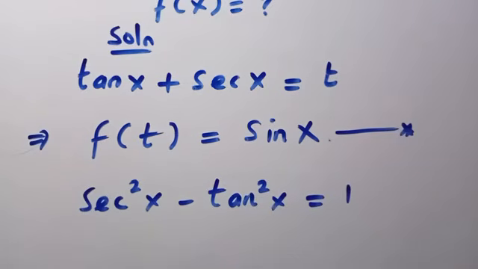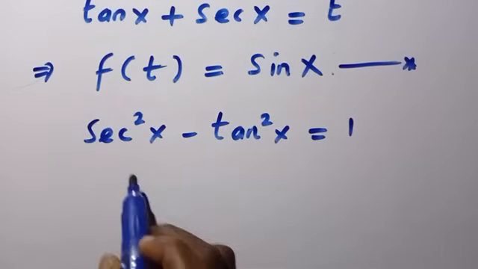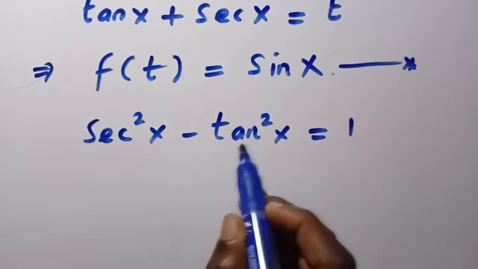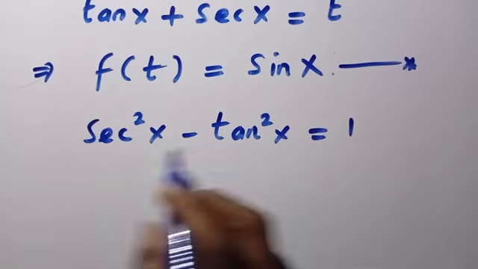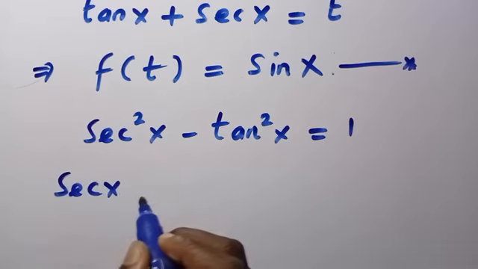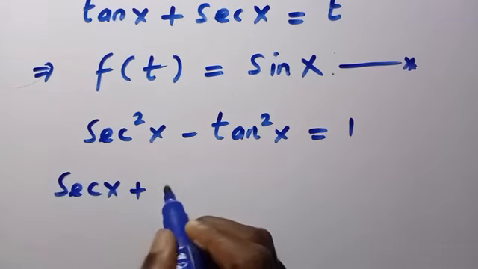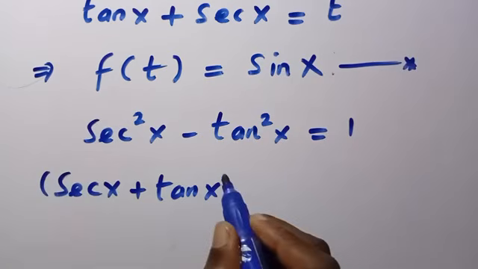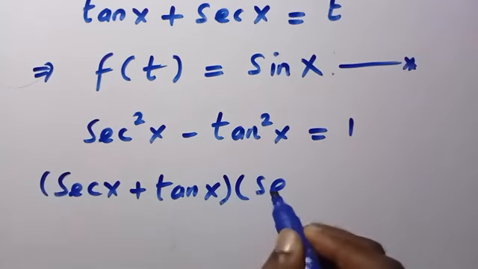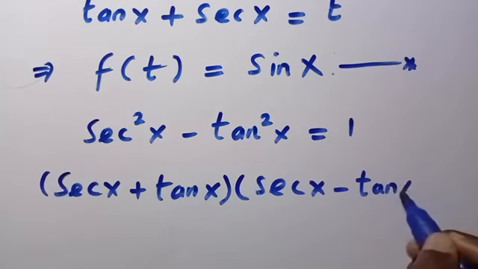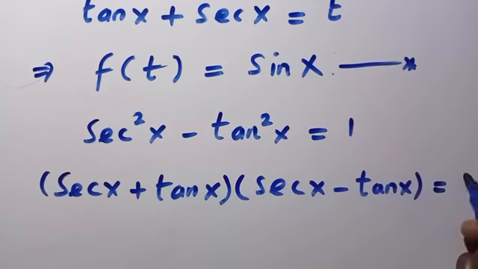From this identity, the difference of two squares, sec square x minus tan square x, is the same thing as sec x plus tan x multiplied by sec x minus tan x. This equals 1.